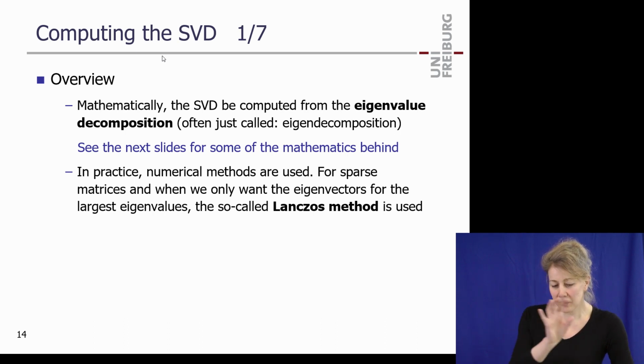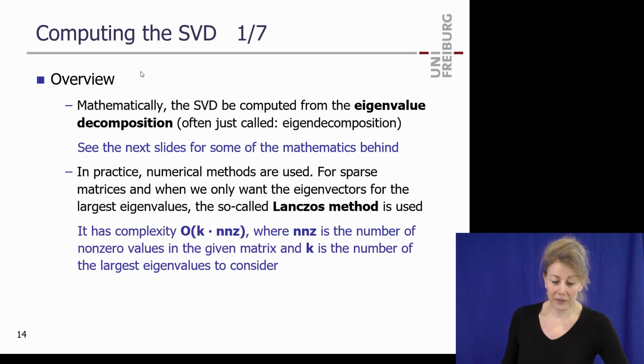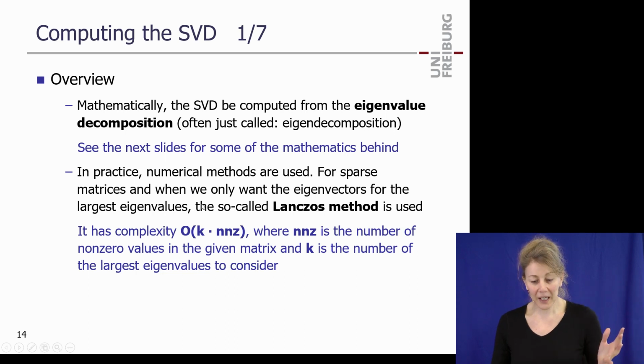If you only want the largest eigenvalues and the eigenvectors that pertain to those, you use a method called Lanczos. It has the nice property that if I only want the top k eigenvalues, eigenvectors, or singular vectors, it has complexity k times the number of non-zero values in my original matrix.